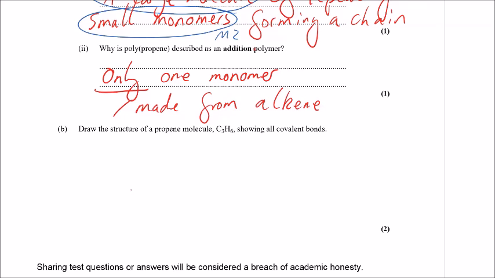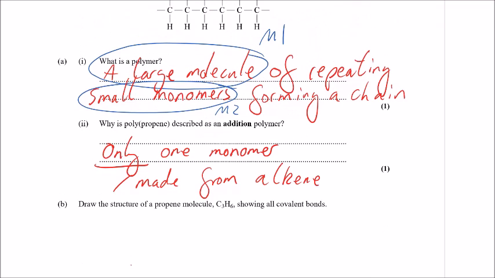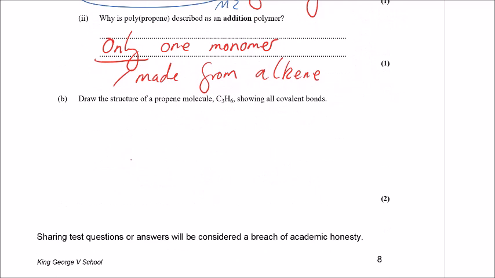So it's an addition and not substitution, because they combine and there isn't a second product. You just form the polymer. Okay, so just to explain that again, you have many monomers forming a single polymer, and there's no side product coming off that, so they add on to each other rather than substituting each other.